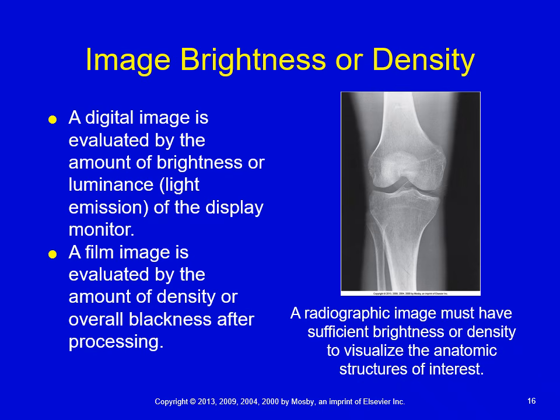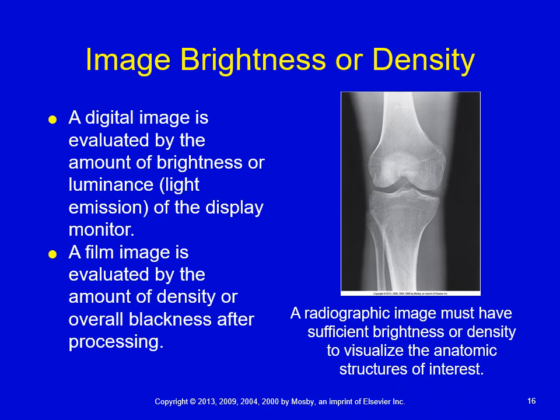Now, in the film screen days, density was controlled largely by mAs, the mAs that you set on your control panel. If you increase the mAs, you increase the density. If you decrease the mAs, you decrease the density. Now with digital, even though we do still have to set the appropriate mAs, it plays less of a role in determining the density.